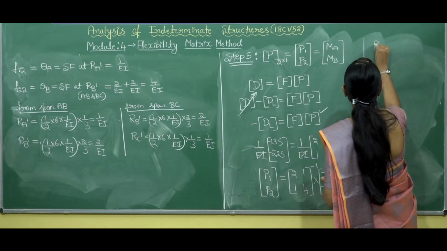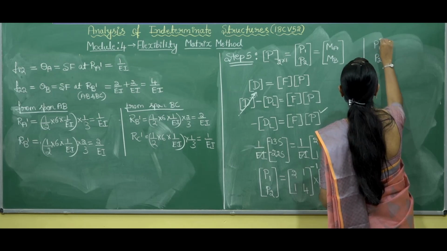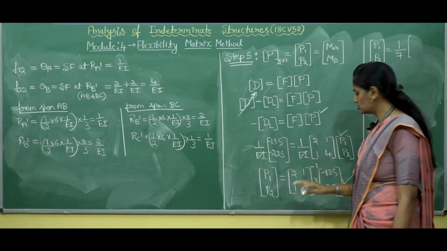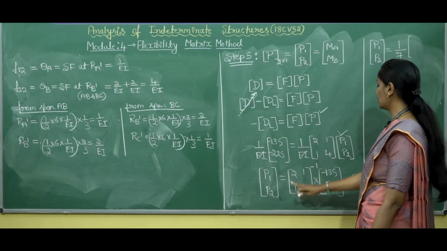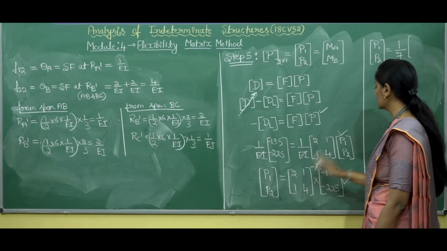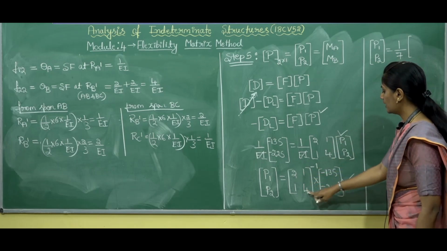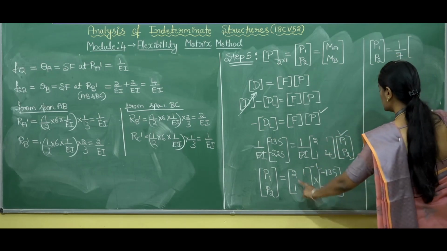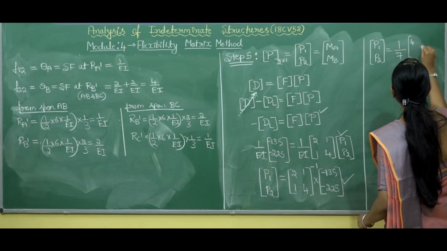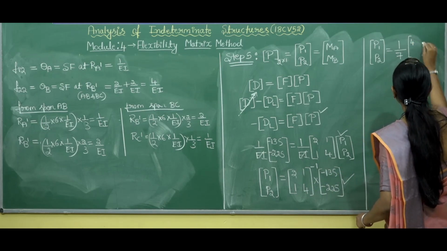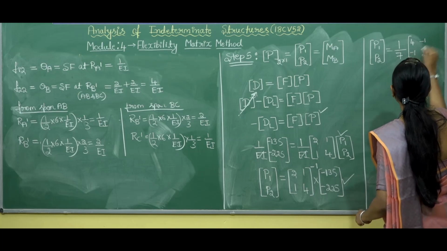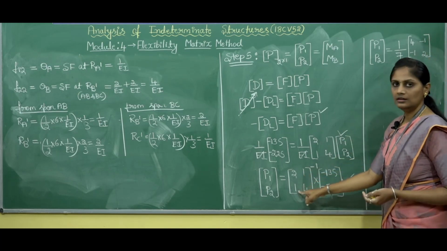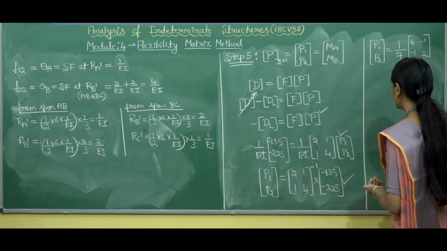Manually, to remove the inverse, we take the determinant of this matrix: 2 fours are 8, minus 1, it is 7. So 1 by determinant, interchange the diagonal values and put the negative sign for the other diagonal elements.